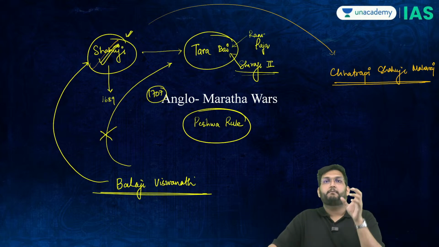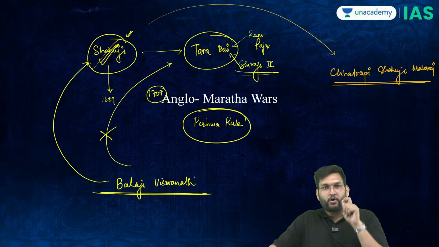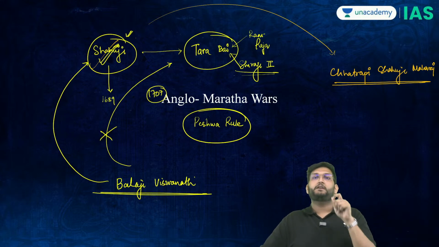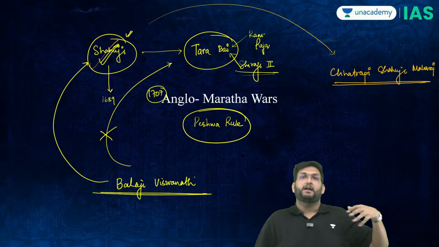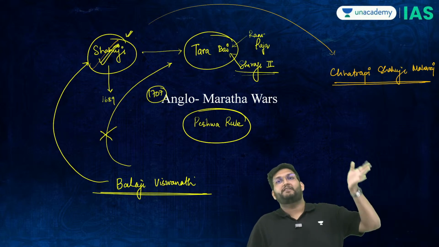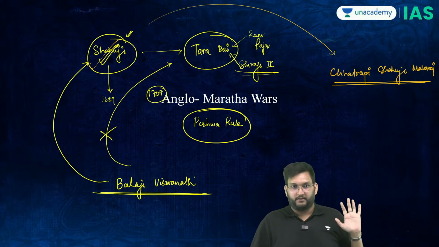And because of that politics, Balaji Vishwanath, a very important officer, rather than supporting the de facto ruler Tarabai, will support Shahuji and allow him to win this war of succession and become Chhatrapati Shahuji Maharaj.